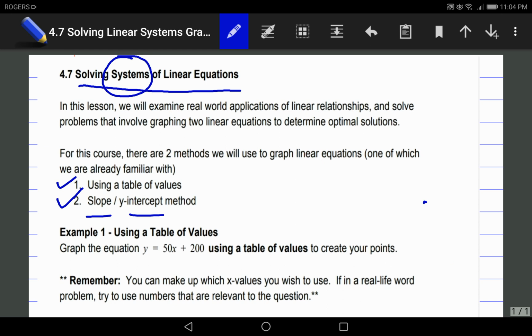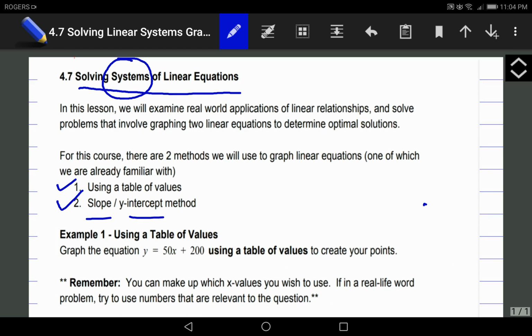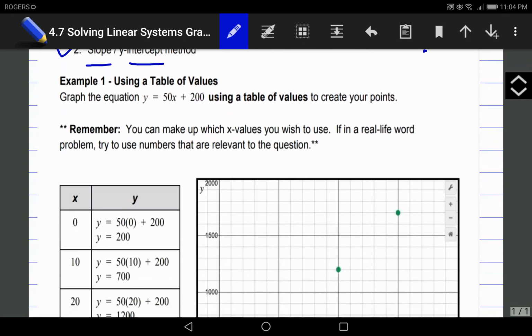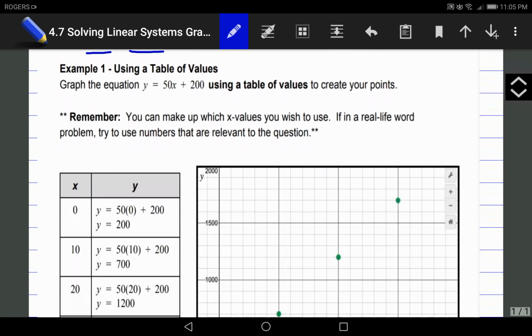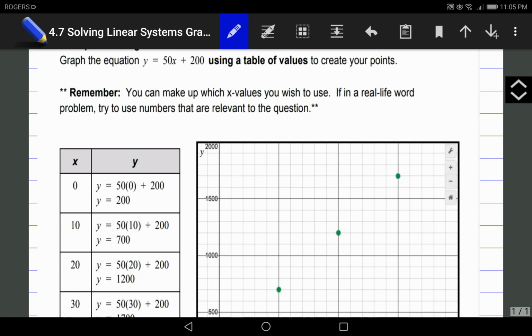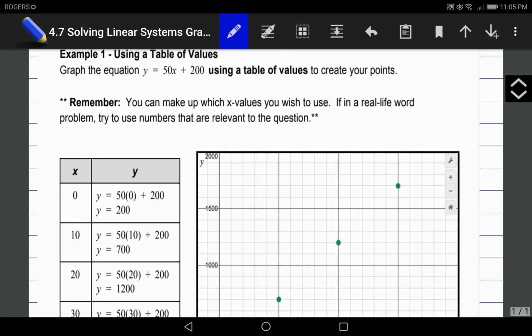Let's start with just doing a table of values. Okay, so let's say a question was graph the equation y equals 50x plus 200 using a table of values to create your points. Okay, so we're given the equation y equals 50x plus 200.